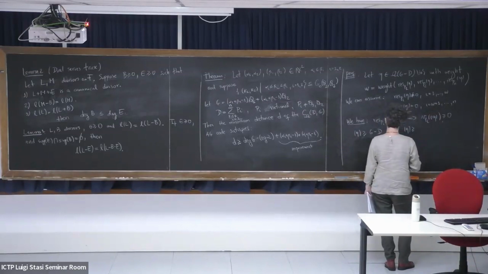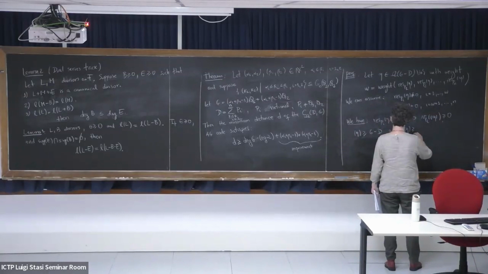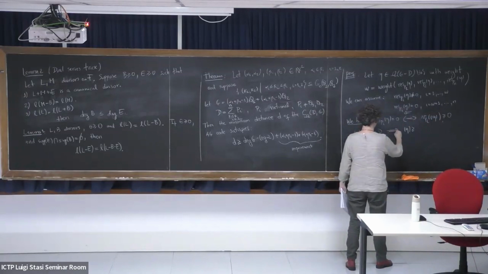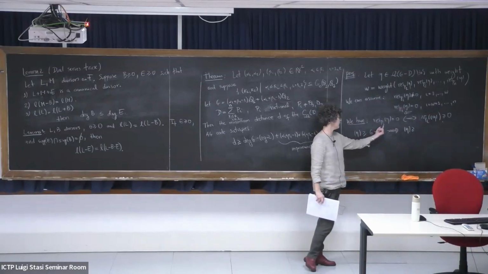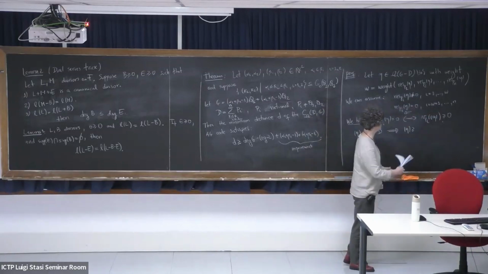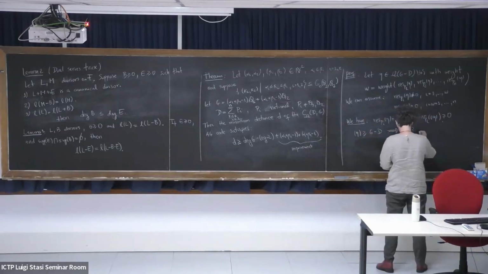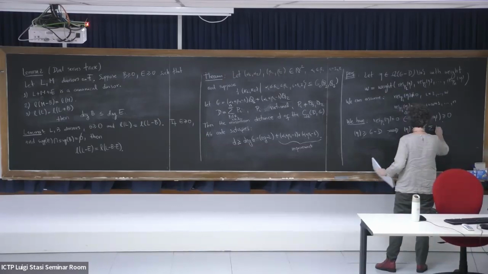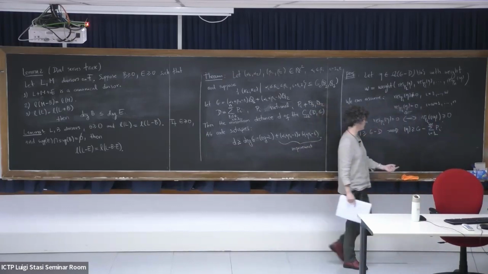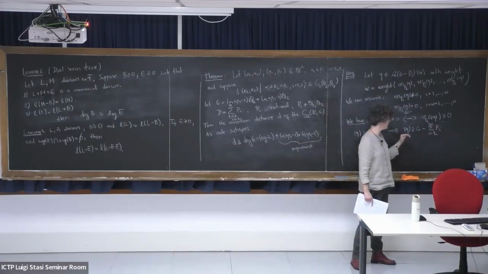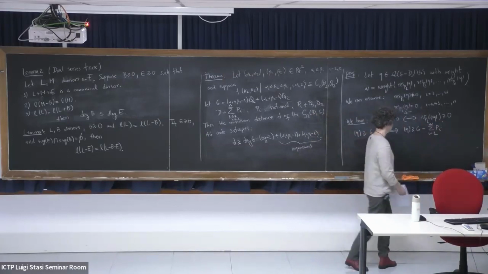So this is larger than G minus the sum of the P_i for i equal to 1 to omega. This was the sum from 1 to n, but from omega plus 1 to n I can just put 0 because of this.